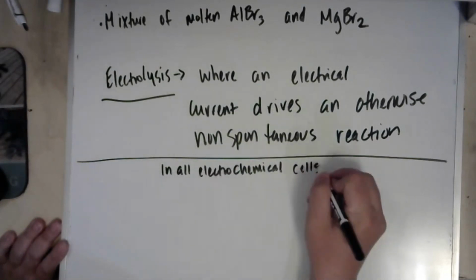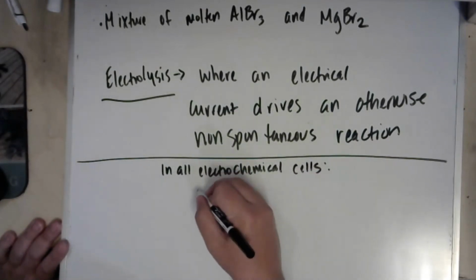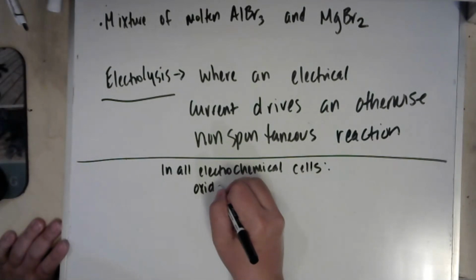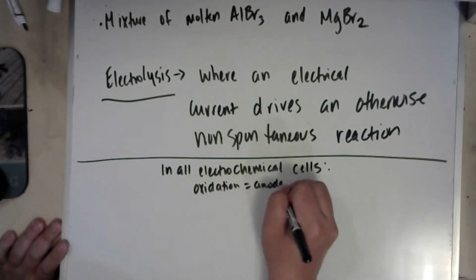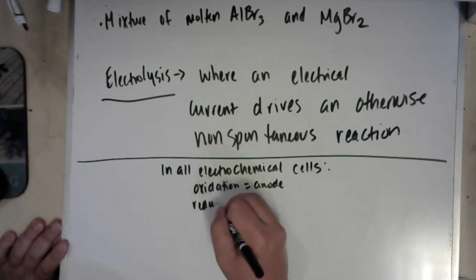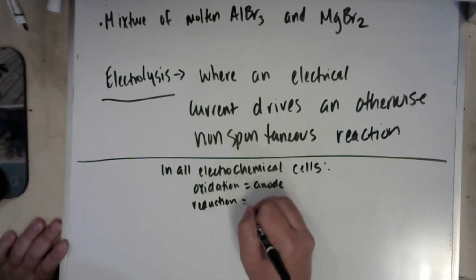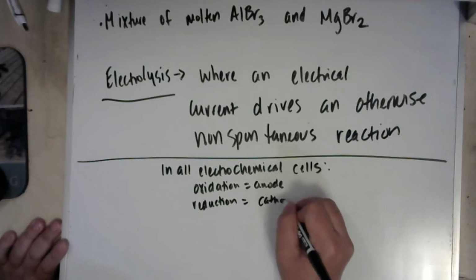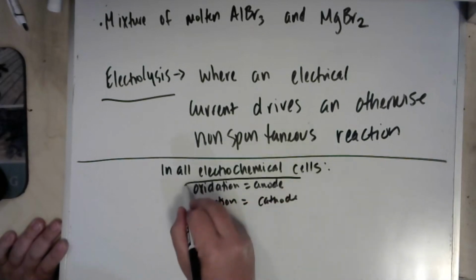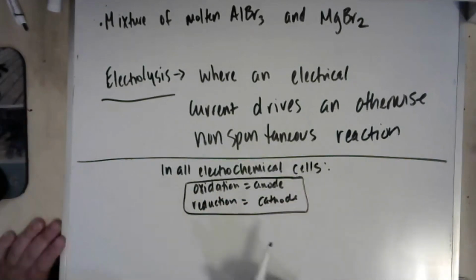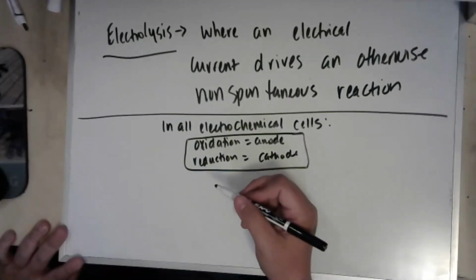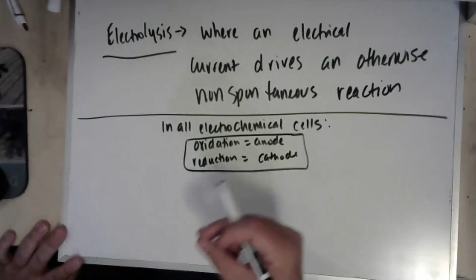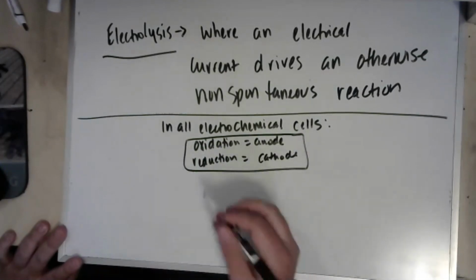In all electrochemical cells, oxidation is at the anode and reduction is at the cathode. That's not going to change. What does change is the species that's at the anode or the cathode.